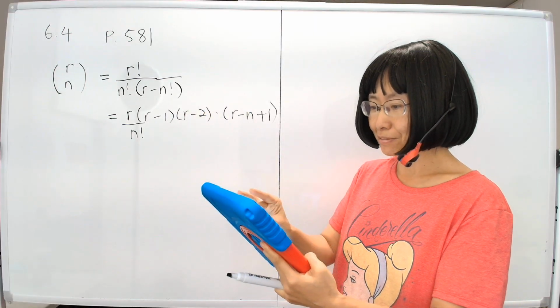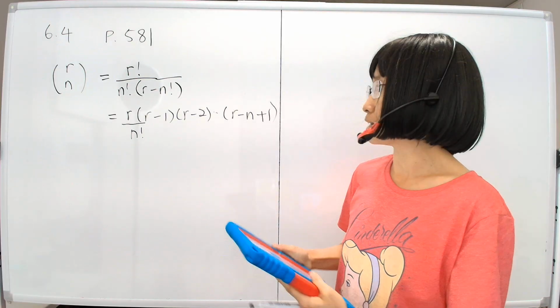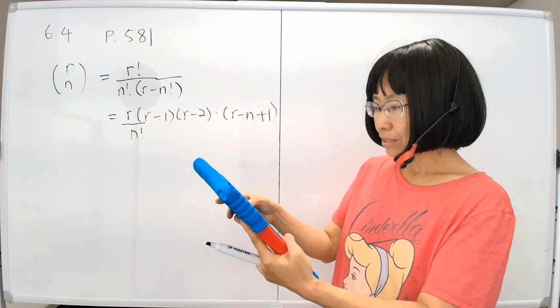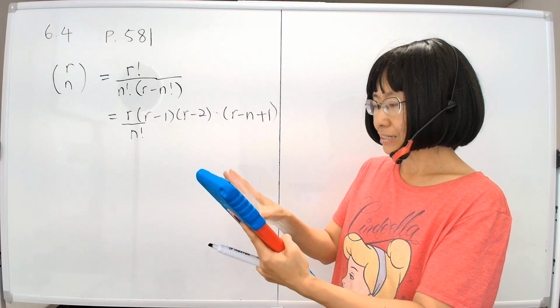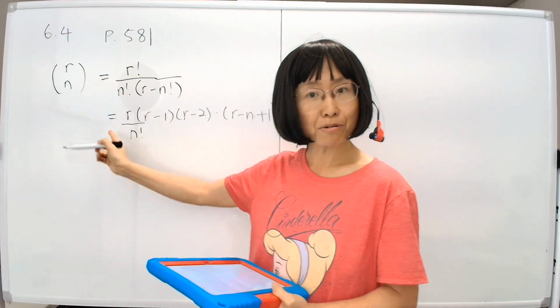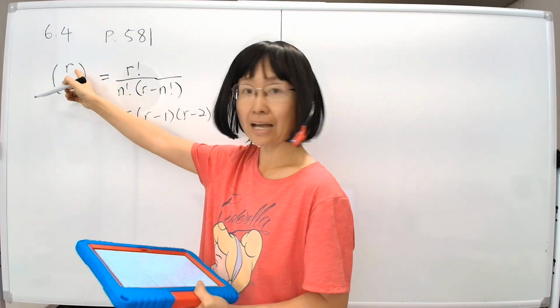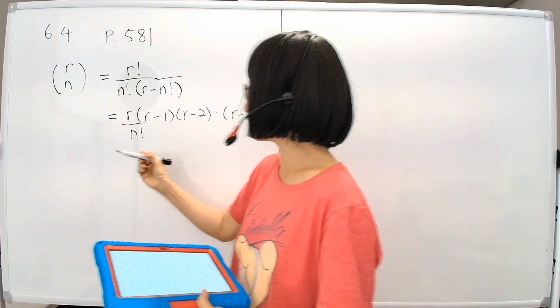Instead, we're going to expand the principle of the binomial coefficients. The normal binomial coefficient requires R to be an integer, otherwise it doesn't make any sense.